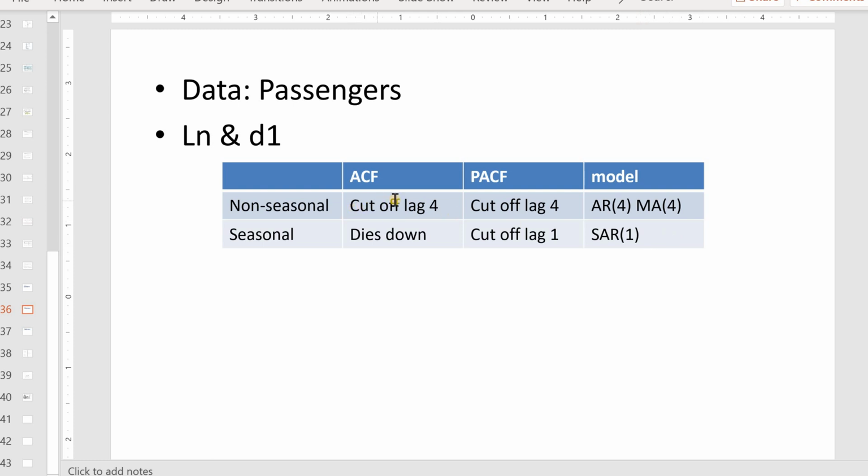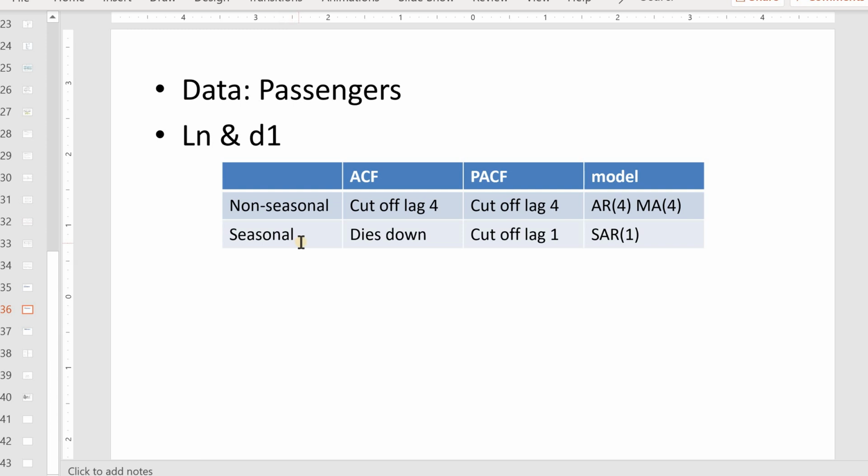Okay, so for non-seasonal, just now I said that maybe it is cut off both at ACF and PACF. So what can be a possible model from that? It can be AR4 or MA4.